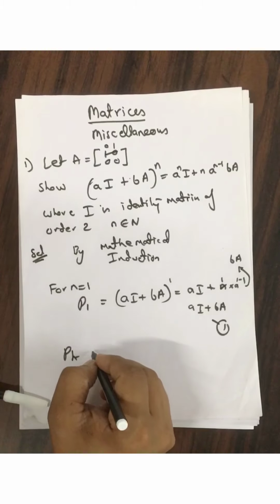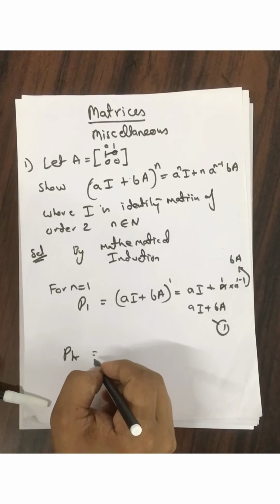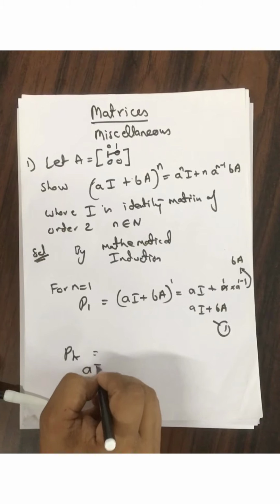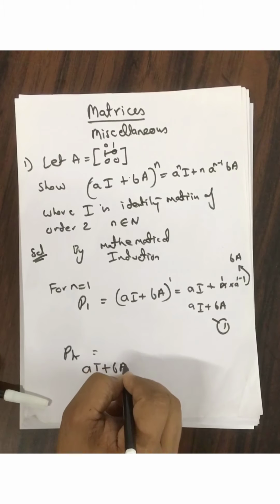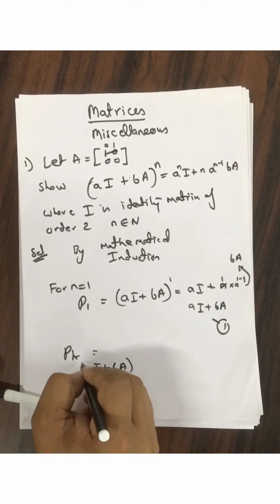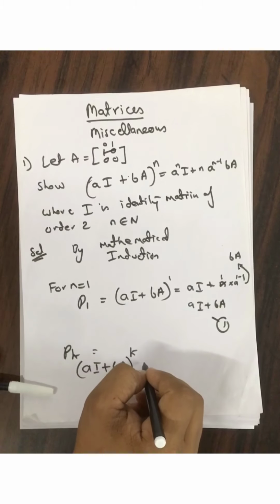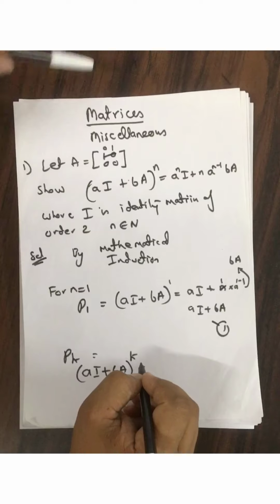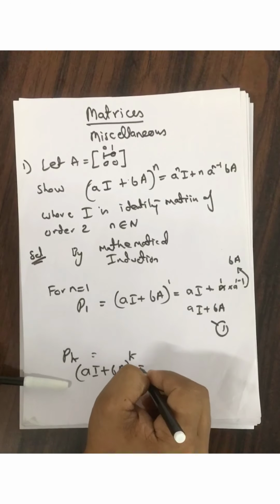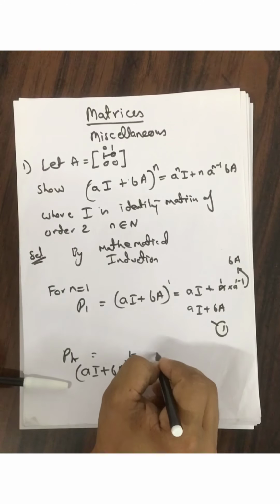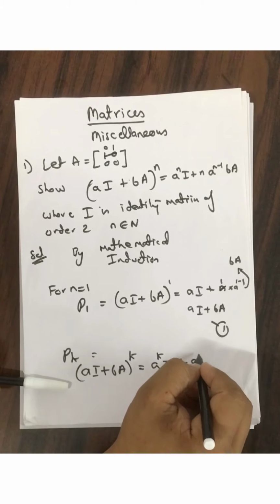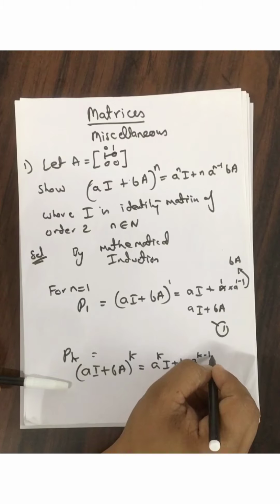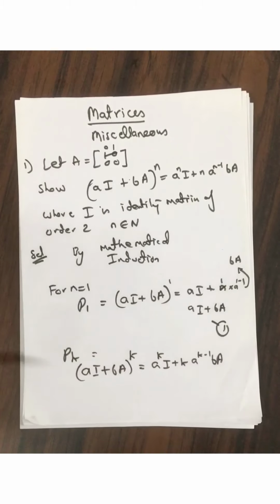PK will be how much? (AI + BA) to the power k equals A to the power k I plus k A to the power k minus 1 BA. Correct? Next, what do we have?